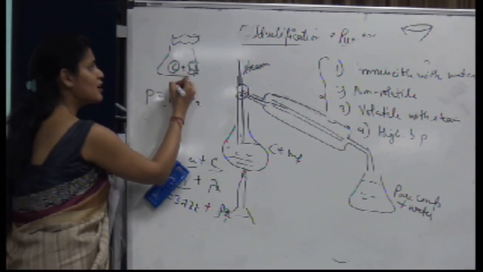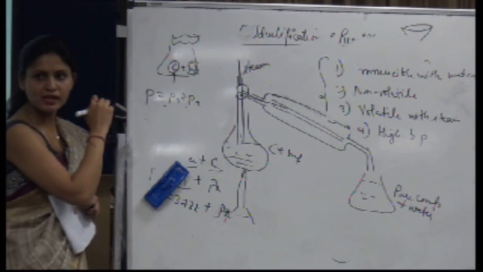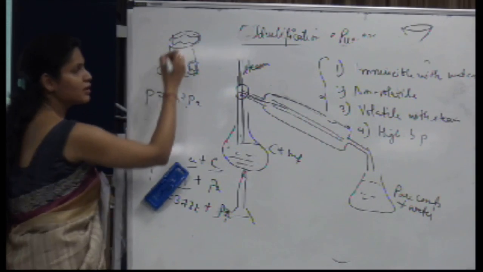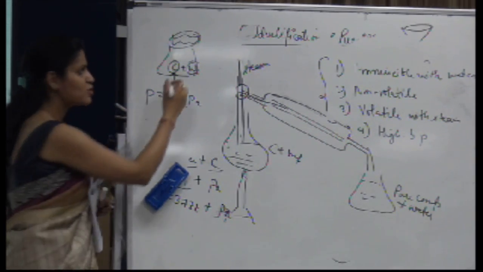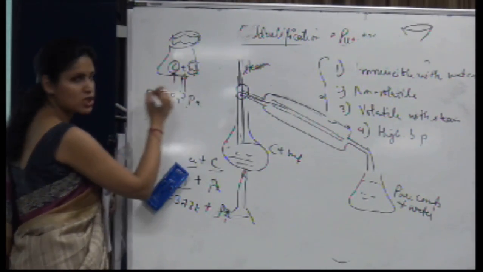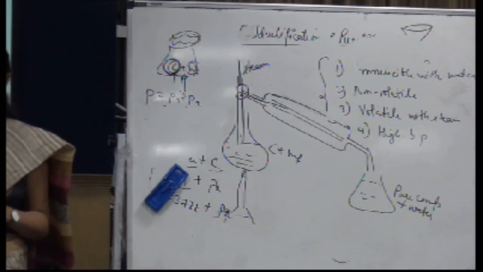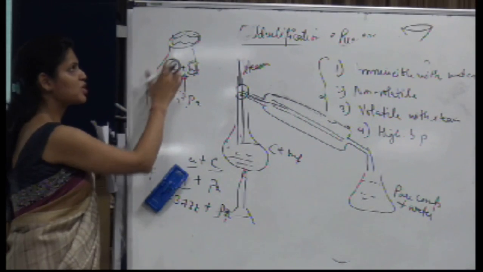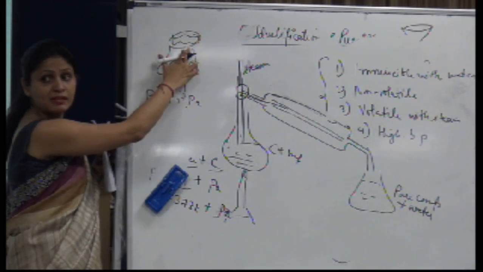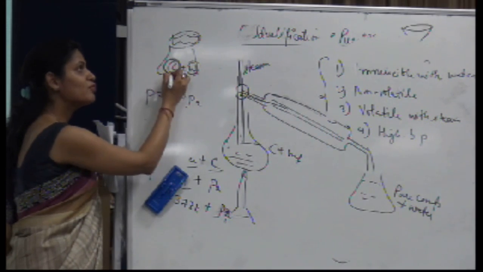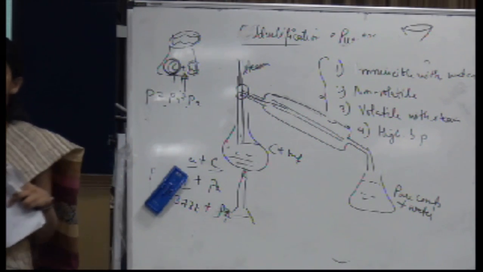That means if this compound wants to get boiled, it has to reach this much vapor pressure. And suppose I am providing this temperature to it, compared to its individual vapor pressure, this vapor pressure is always greater, and hence when I start heating it, this compound will eventually start vaporizing.